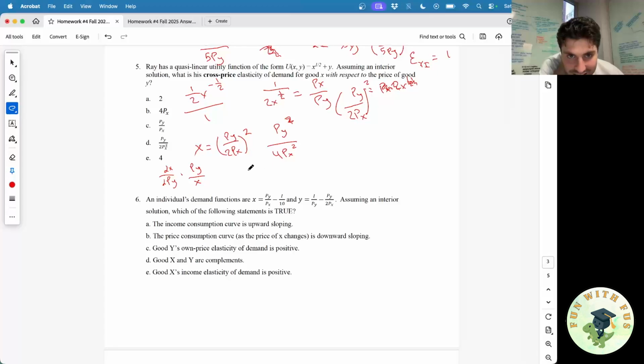And from here, I would bring that puppy down, I think. So I would say 2py over 4px squared, which is the same as saying py over 2px squared.